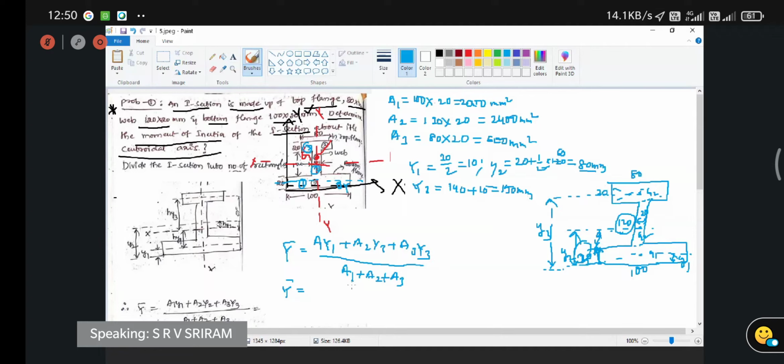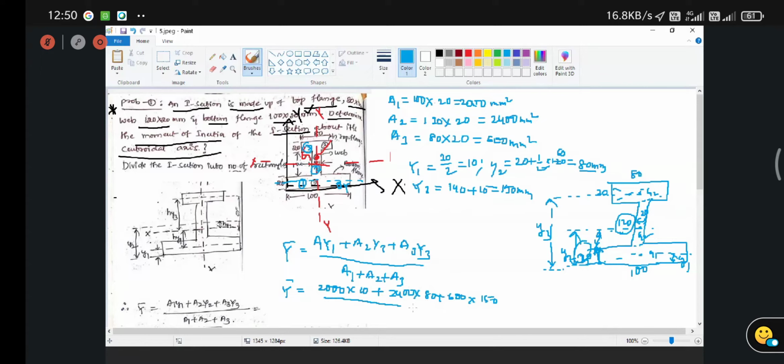Now it is very easy to find out the centroid. A1 Y1 is how much? 2000 times 10, plus A2 Y2 is equal to 2400 times Y2, which is 80, plus A3 is 600 into Y3, which is 150.